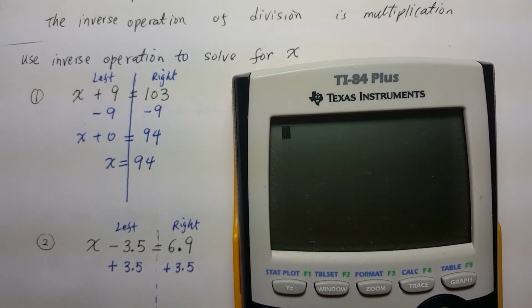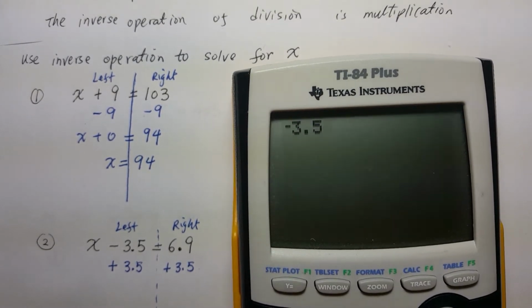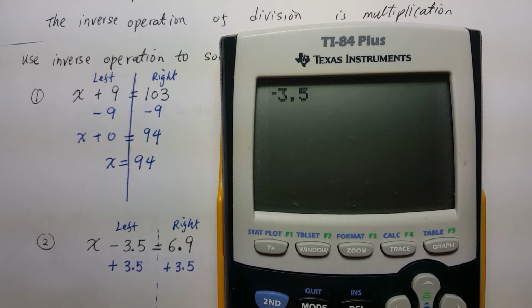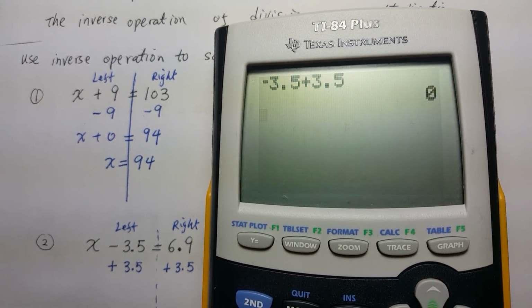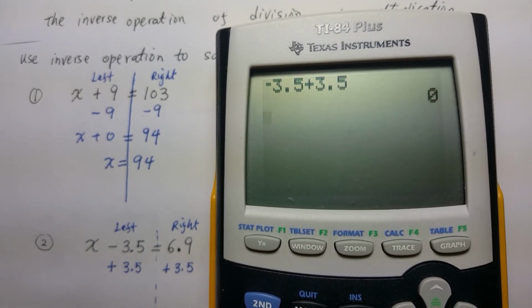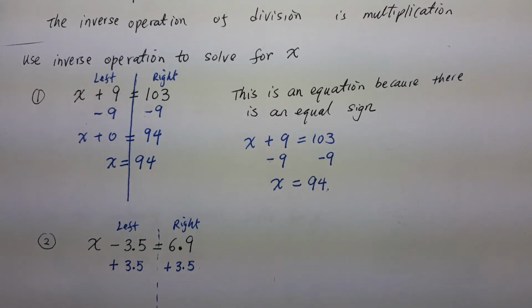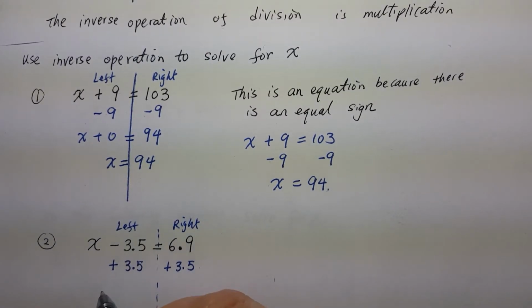Minus, we have to type in negative. We cannot use the minus sign in the calculator. We have to use negative symbol. So now plus 3.5. So it turned into 0. The opposite operation or the inverse operation make this become 0, so it disappears.